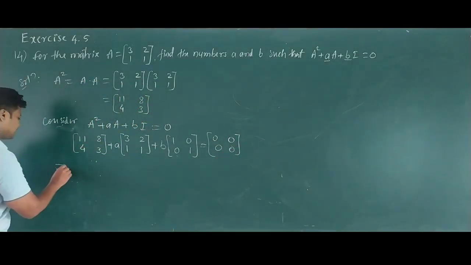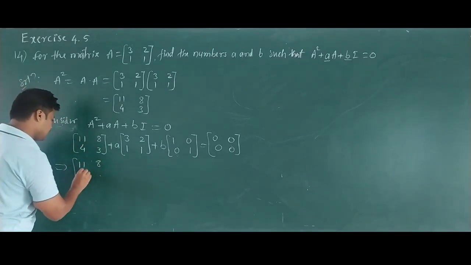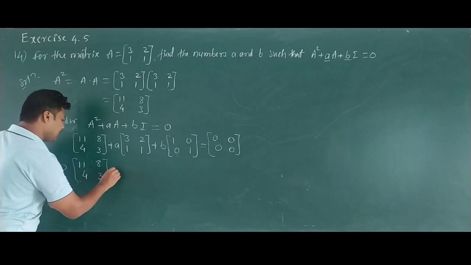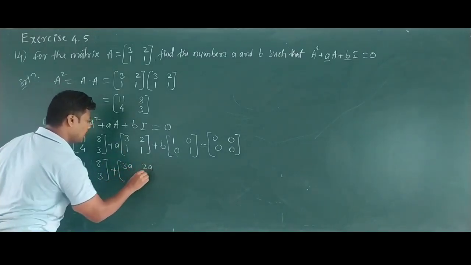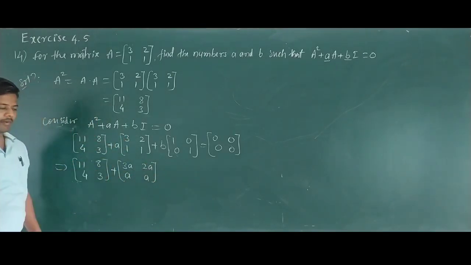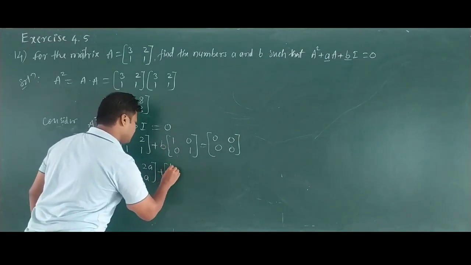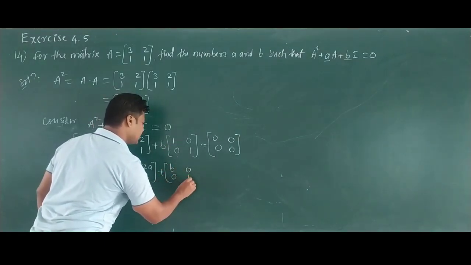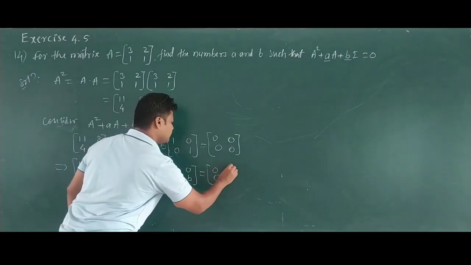This implies 11 8 4 3 plus 3a 2a a a, that is, all the terms of the matrix are multiplied by a, plus b 0 0 b, equals 0 0 0 0.